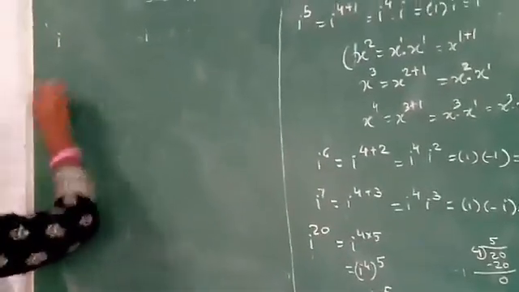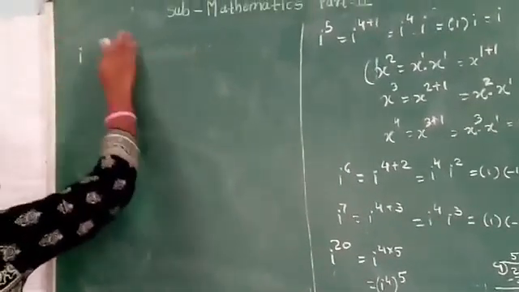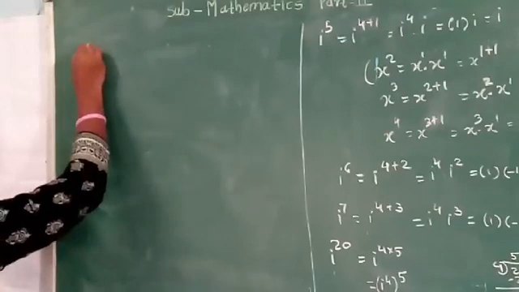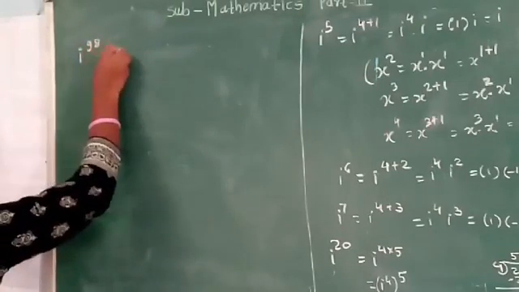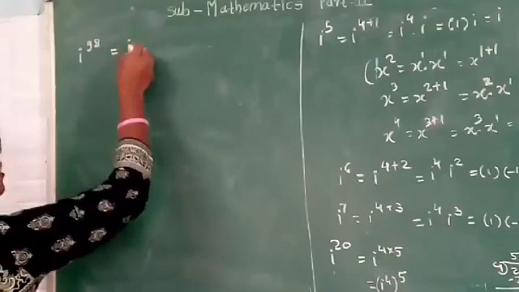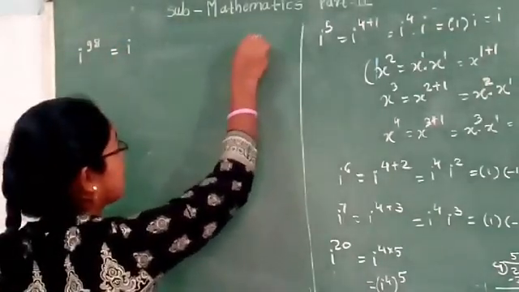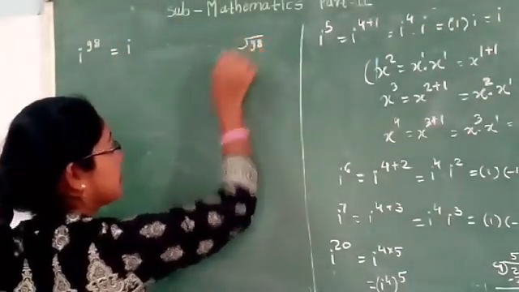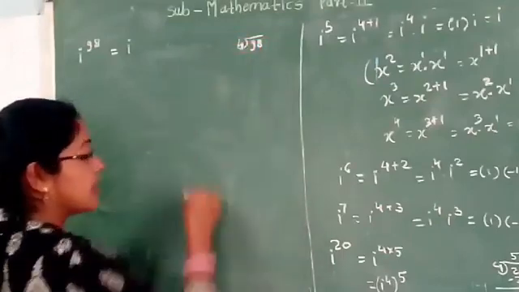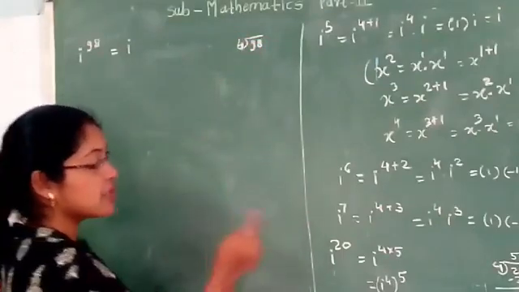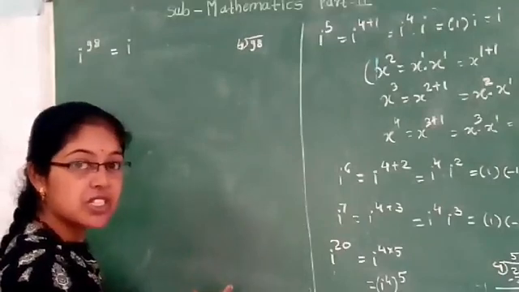So i raised to... next example was i raised to 98. Now split 98. We divide by 4, because we know i raised to 4 is 1.